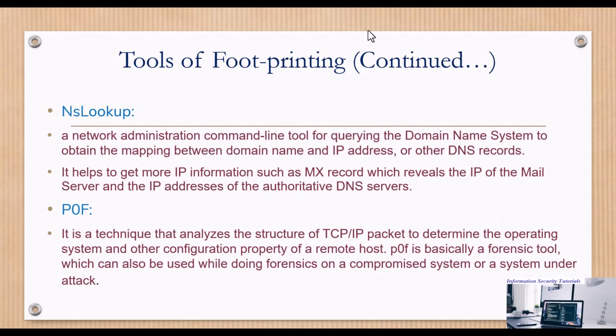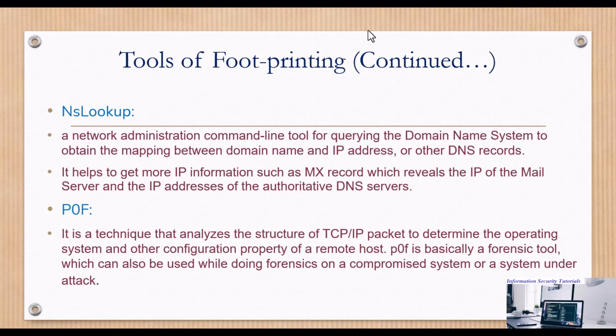The last tool we will talk about today is passive operating system fingerprinting, or p0f. It is a technique that analyzes the structure of the TCP/IP packet to determine the operating system and other configuration properties.